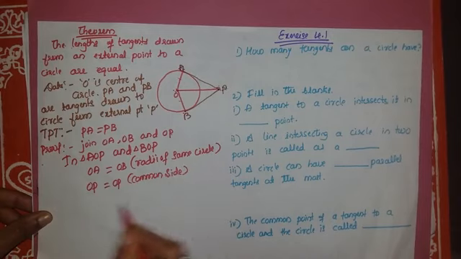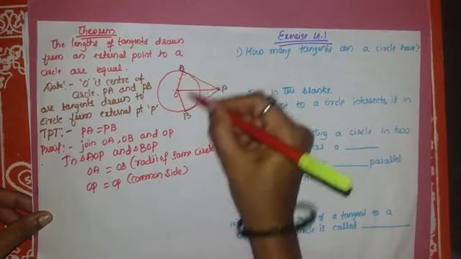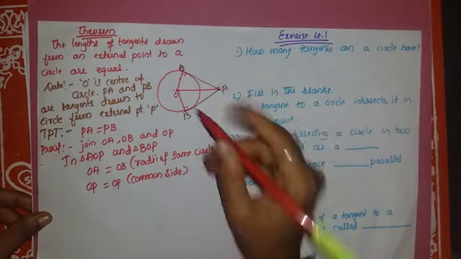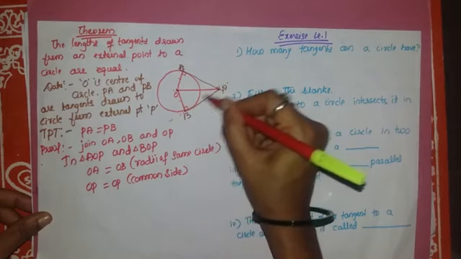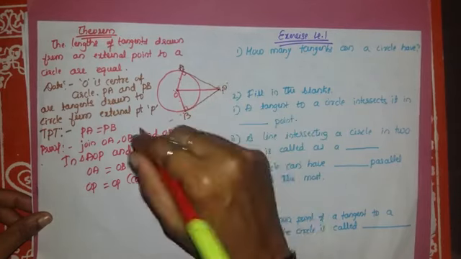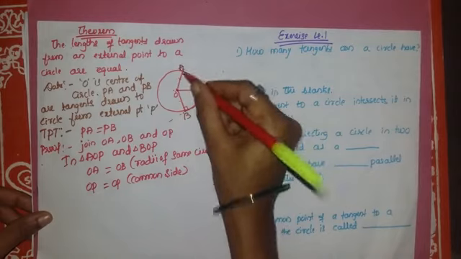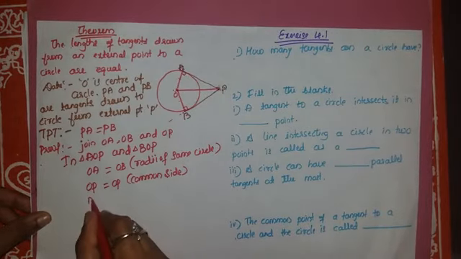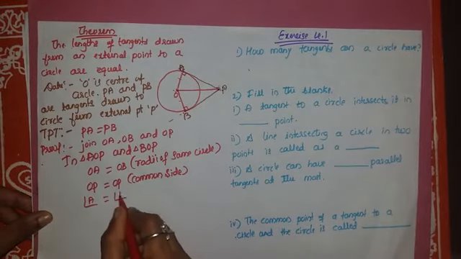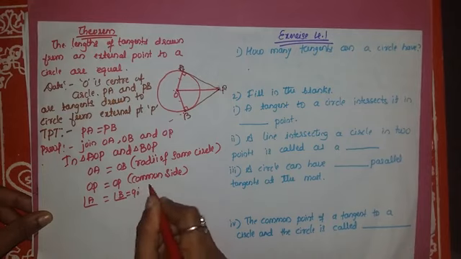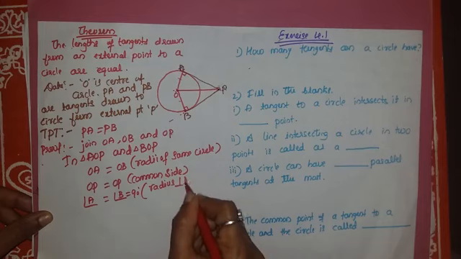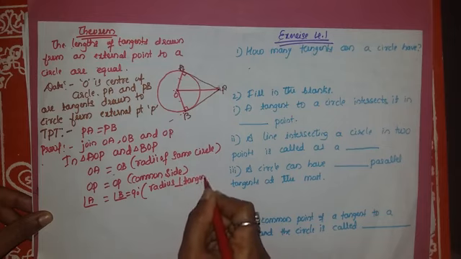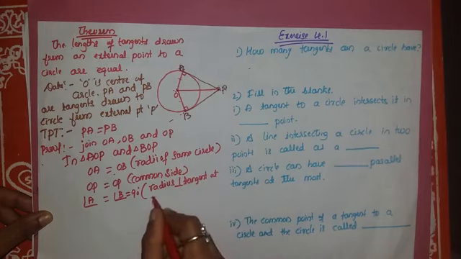Next, angle A is 90 degrees and angle B is 90 degrees, because we learned in the last theorem that the radius is perpendicular to the tangent at the point of contact. Write down the reason here: radius is perpendicular to tangent at the point of contact.